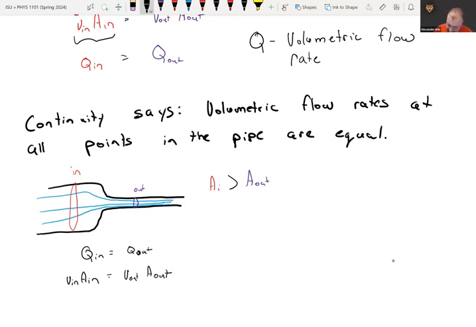So if we want to define the out velocity, it's equal to the in velocity times the ratio of the areas. The fact that A in is greater than A out means that V out is going to have to be greater than V in. The velocity increases in proportion to how small the cross-sectional area of the pipe becomes.